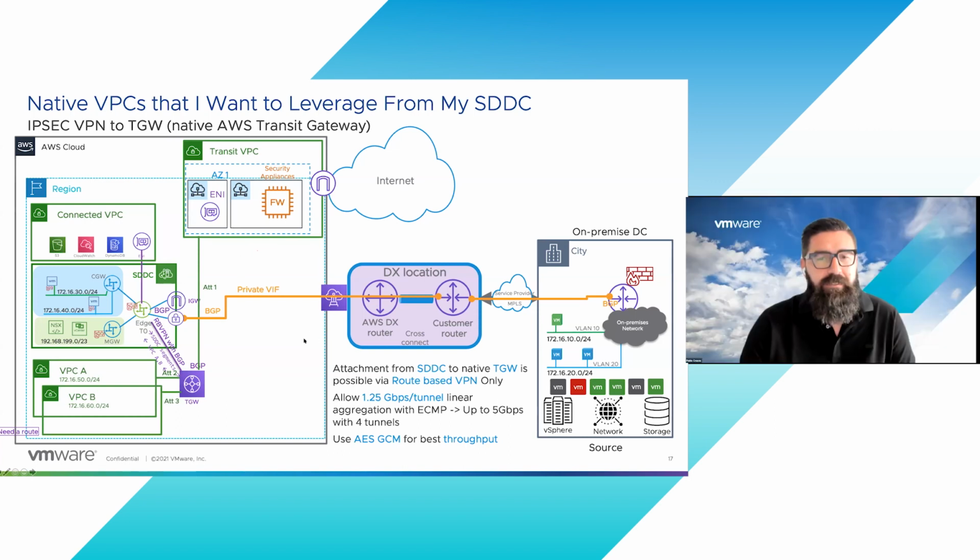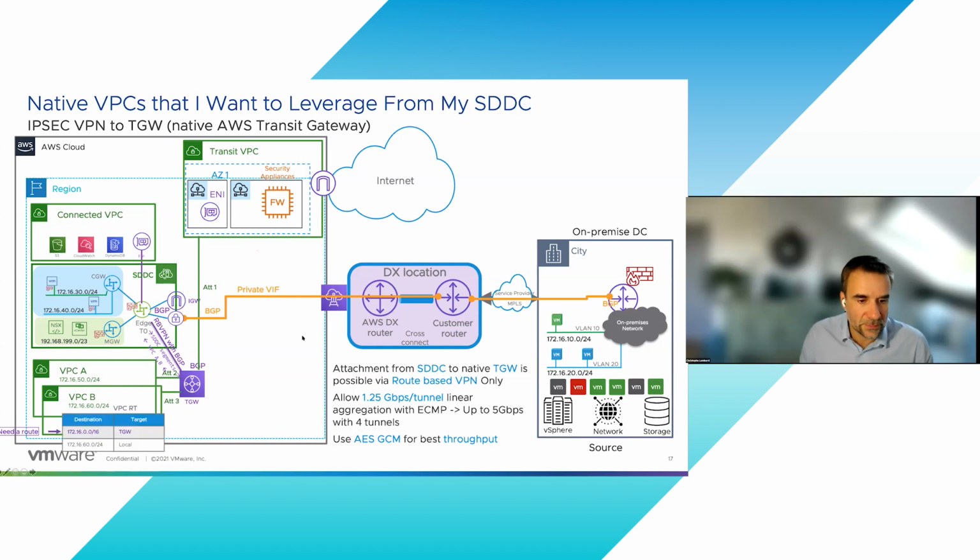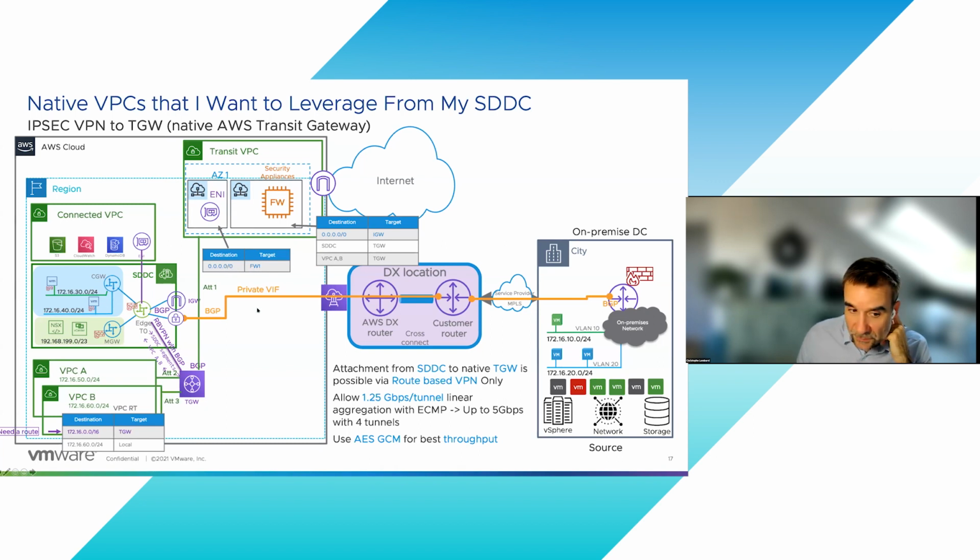How is it working? That's a good point. When you have this transit gateway, you need to add a specific route, and you also need to advertise this default route from this security VPC or transit VPC. This destination default route would be targeting the firewall running on this transit VPC, and this would be reflected in the transit gateway.